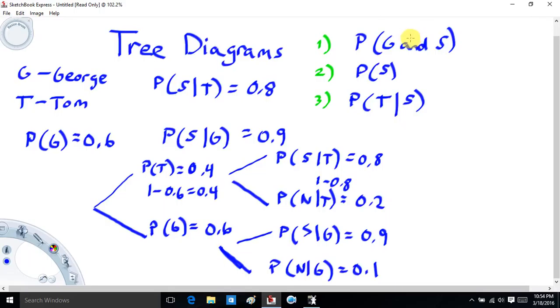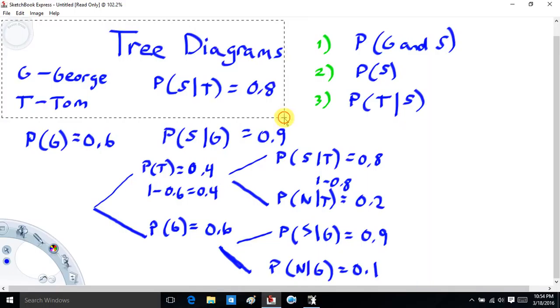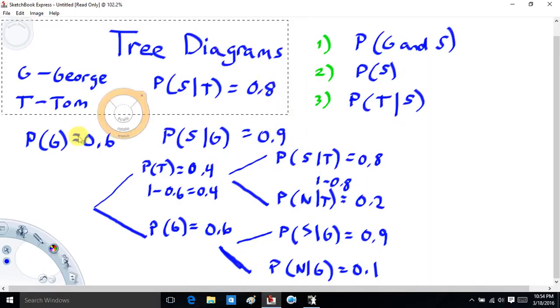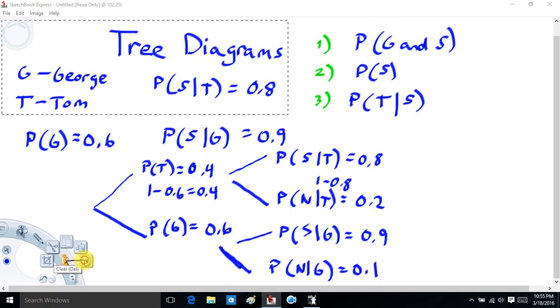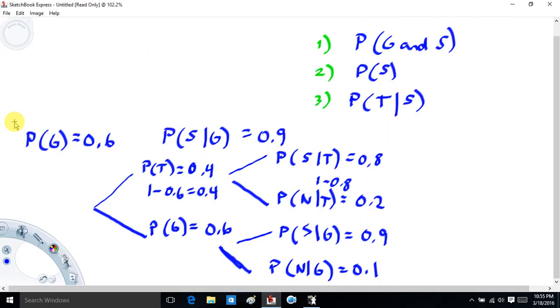What I'm going to do is try to clear up some room here, deleting all of this, and then delete some of this as well.